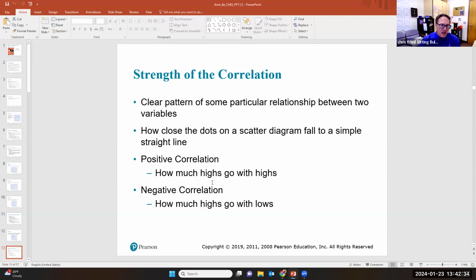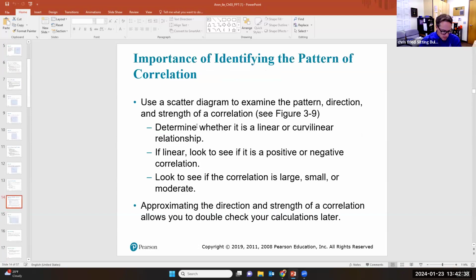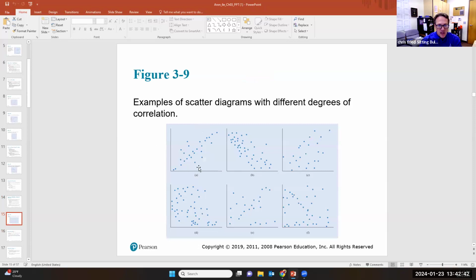So you can have positive and negative correlations, and they can both be strong. There are some examples here of these different scatter diagrams we've been looking at. Here you could see a potential positive, here a potential negative, and different scatters where there's no correlation, for example.